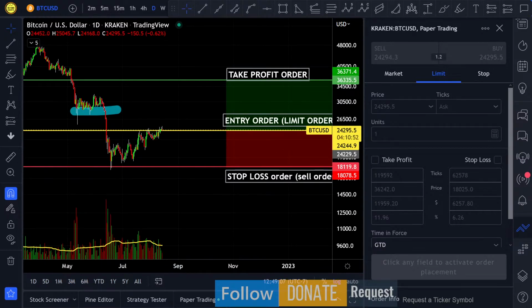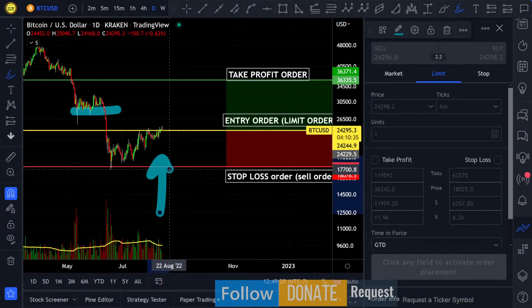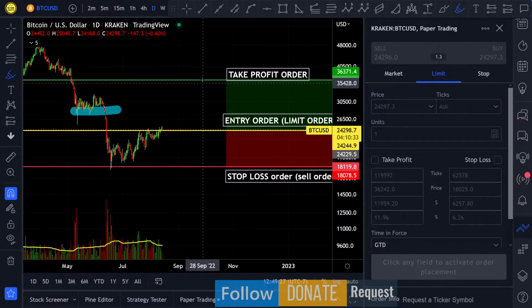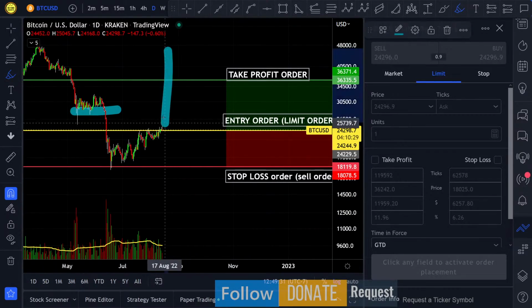Well, I can't see your comment. Pop out the chat. The arrows? Oh, I think this is just me drawing. This is just me drawing with the paint tool. So there's a highlighter here.